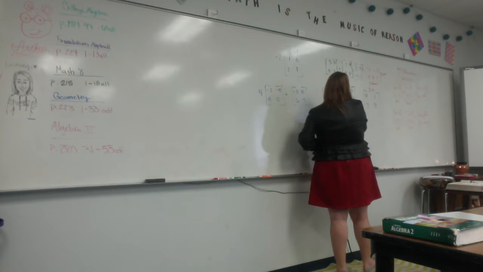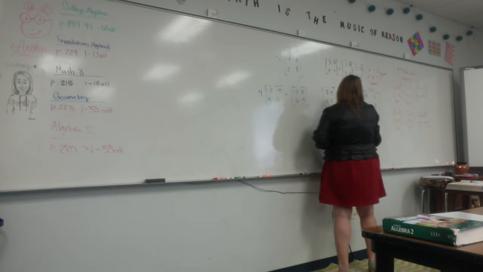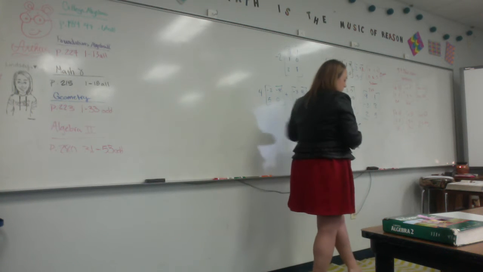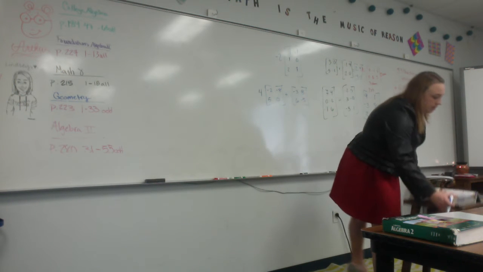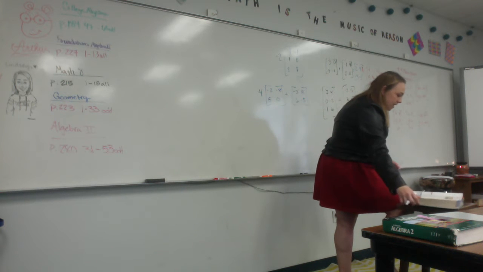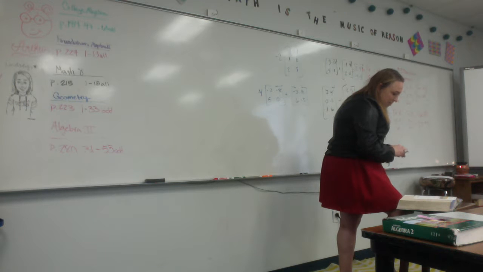Negative 1 minus negative 3 is positive 2. And 6 minus 1. That's my answer. So that's adding and subtracting matrices. The trickiest part is to pay attention to the double negatives. Not too bad.